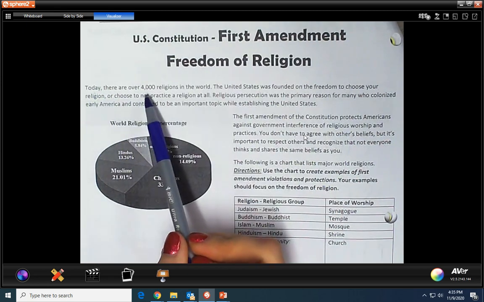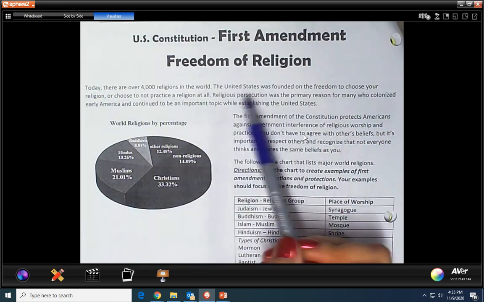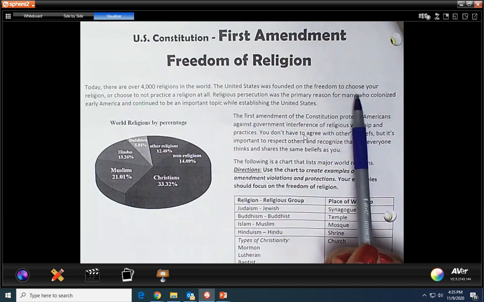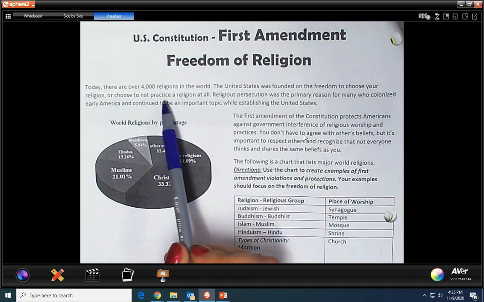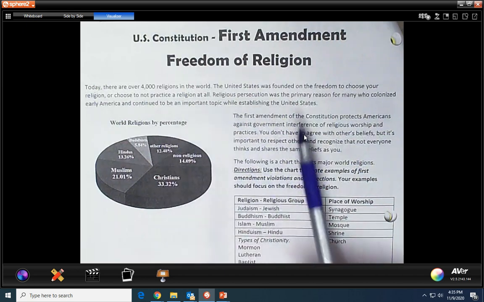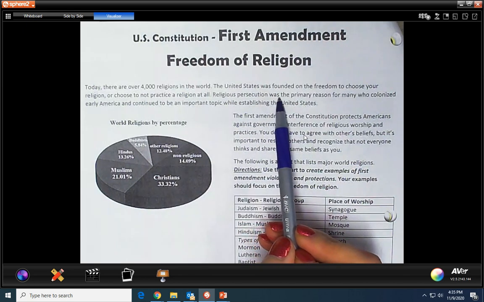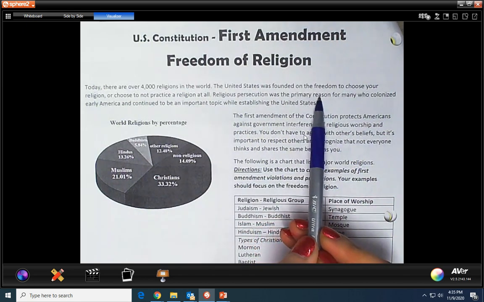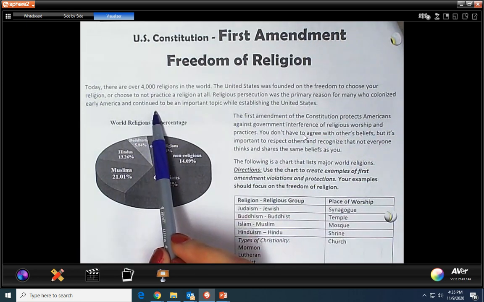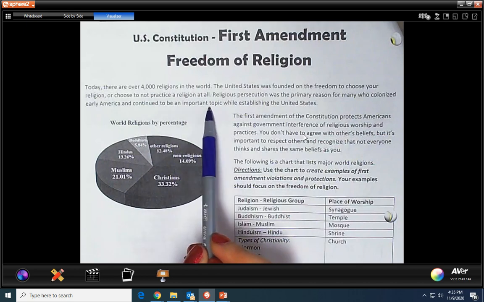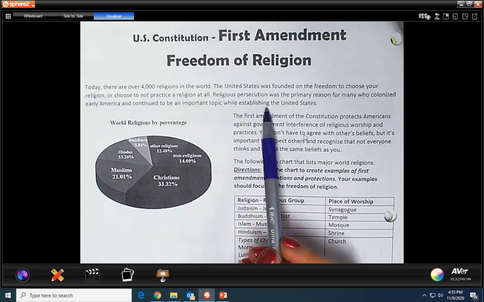Today, there are over 4,000 religions in the world. The United States was founded on the freedom to choose your religion or to choose to not practice a religion at all. Religious persecution was the primary reason for many who colonized early America and continued to be an important topic while establishing the United States.